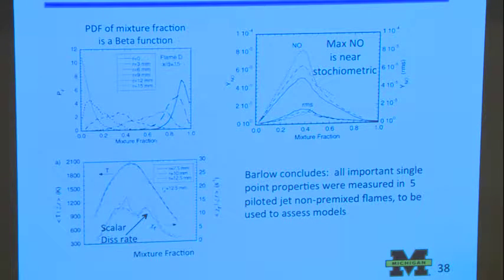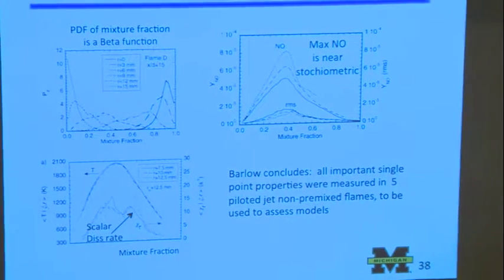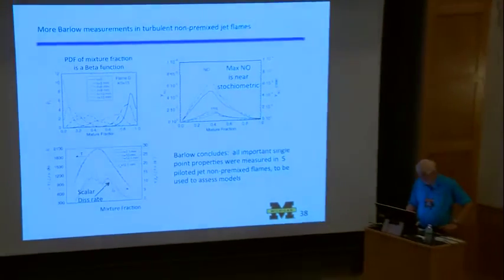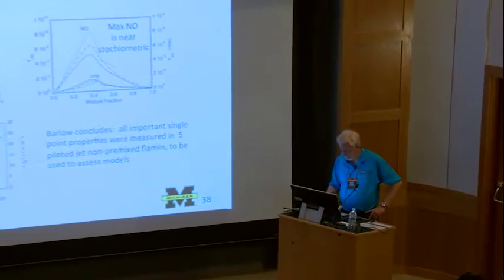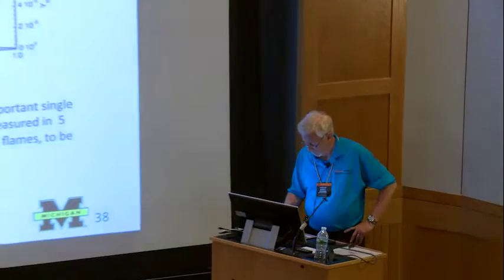And the other thing is, if you really want to predict the NO, you have to predict the heat losses. So if there's radiation, it better be in there. If there's buoyancy effects, they better be in there. If there's any kind of soot or particulate radiation, that better be in there. So it's hard to get the NO right.